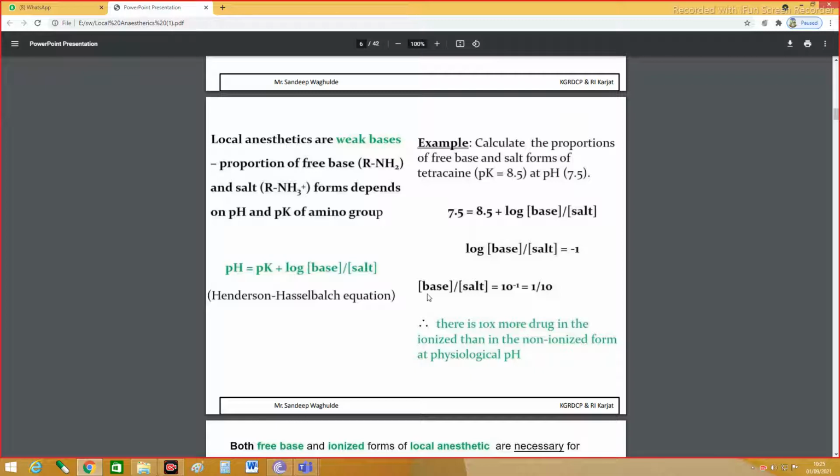This is one example that we considered for the calculation of dissociation. Therefore, the drug is ionized 10 times more than the non-ionized form at physiological pH. This is how we have to calculate the proportions of free bases.